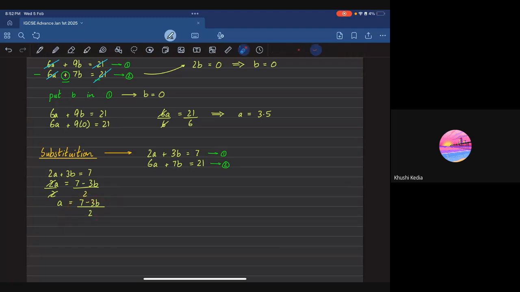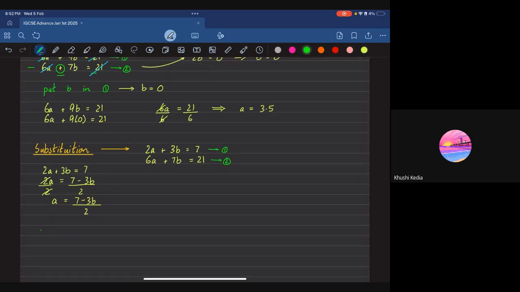Now what I can do is simply substitute the value of a into any equation that I want, preferably the second equation. So I can write it as substitute a into equation number 2.